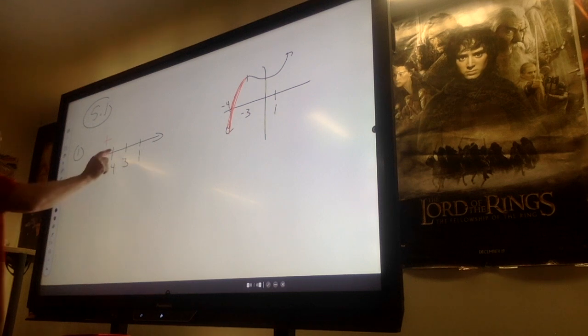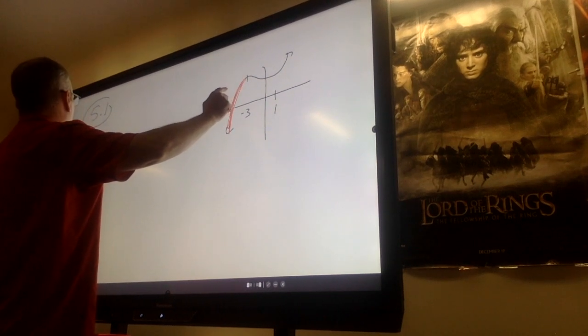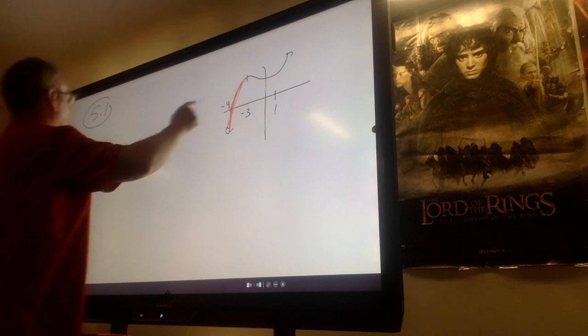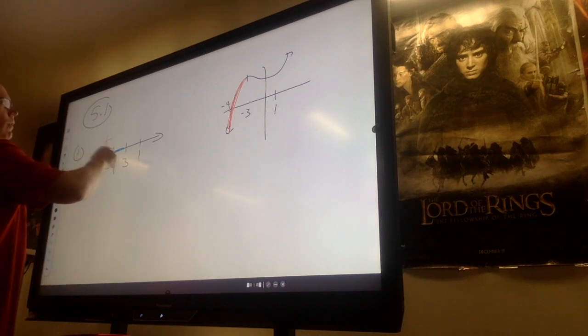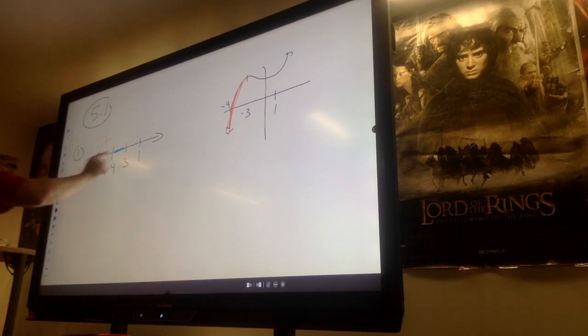Then I'm going to take a look from 4 to 3 right here. Actually from 3 to 1 is what I'm looking at. I already messed up. This whole region is going to be all positive here.